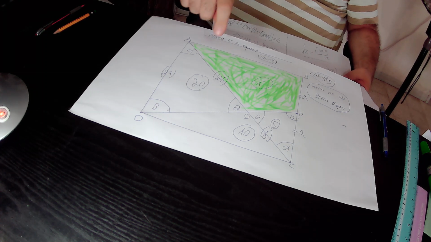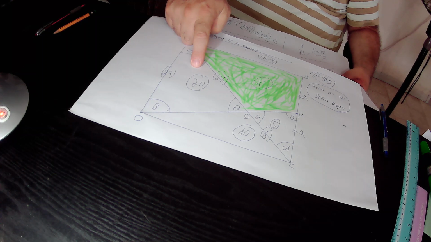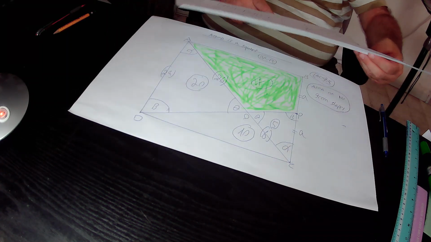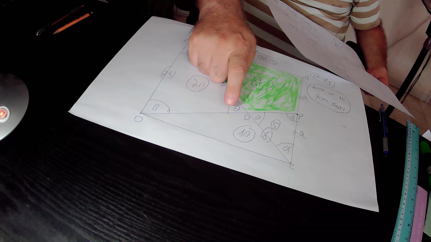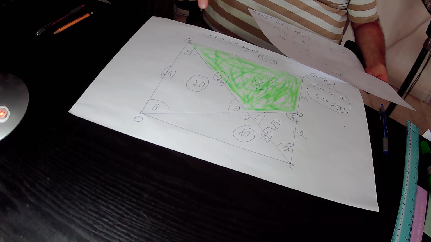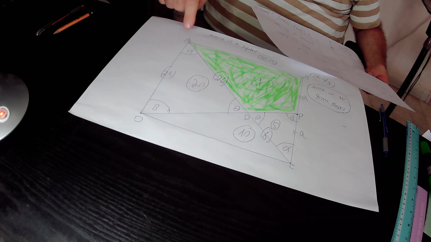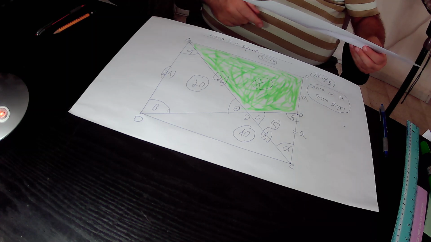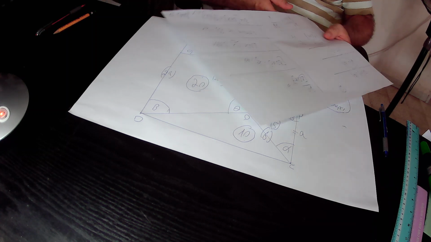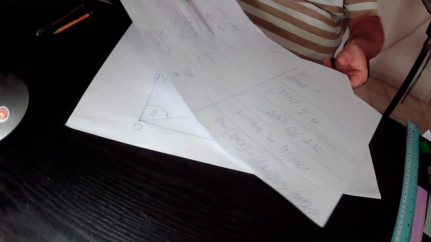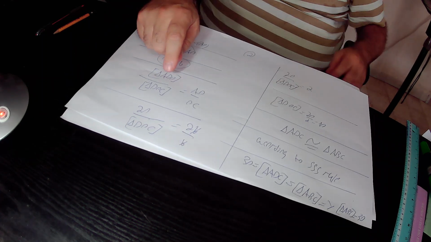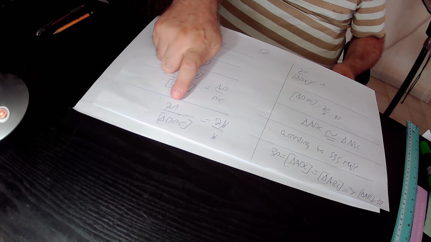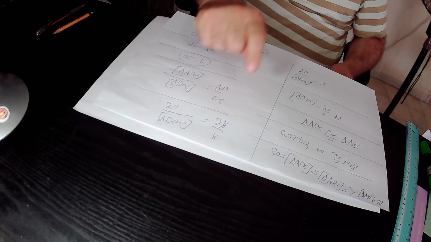We already found out that the area of triangle AOD is 20. So we substitute the area of triangle AOD by 20 over the area of triangle DOC, that is unknown, and it is equal to the ratio between their bases, that is AO over OC. AO is 2B and OC is B. So 20 over the area of triangle DOC equals 2B over B. 2B over B is 2.